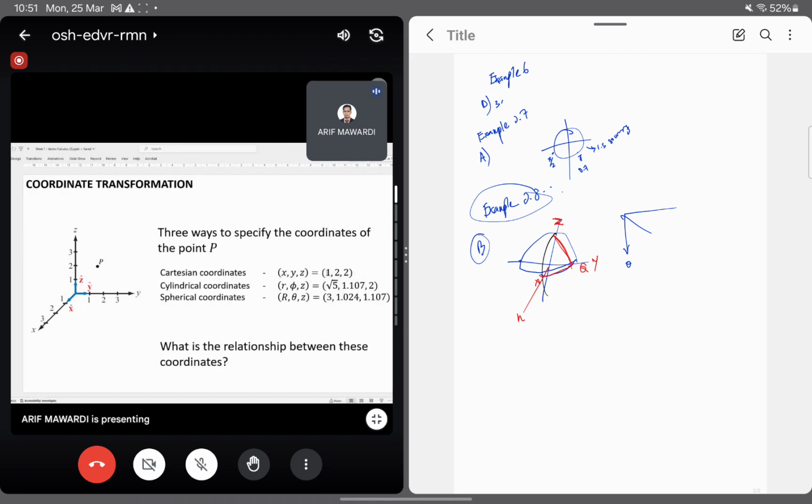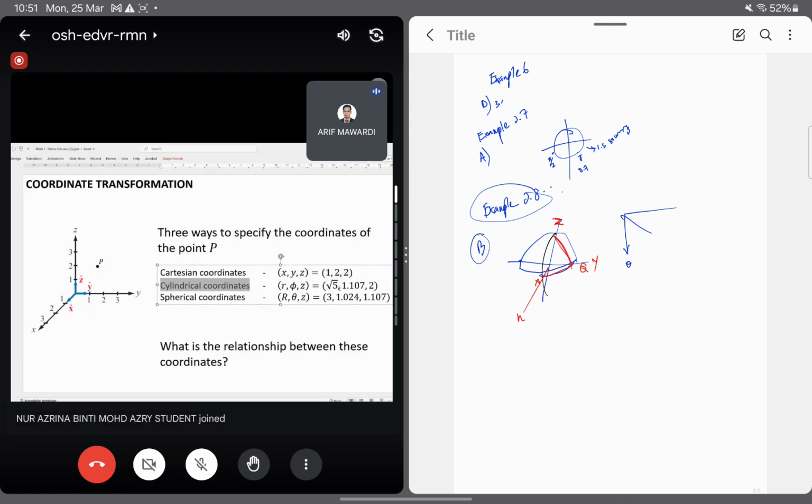These are the numbers that I need to specify if I want to specify the location of the point in space using the Cartesian coordinate system. But if I decide to use the cylindrical coordinate system, these are the numbers that I should specify.